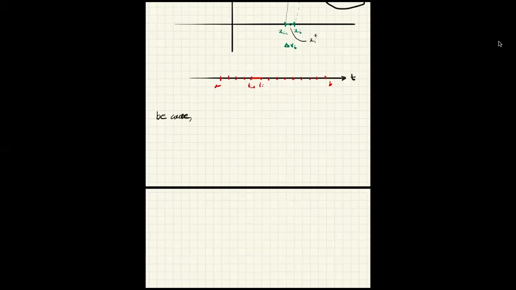Because delta xi is actually approximately equal to, not approximately, sorry. Now delta xi is equal to x prime(ti star) delta t, right?